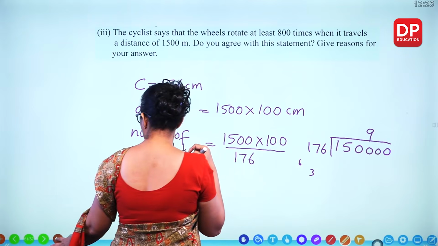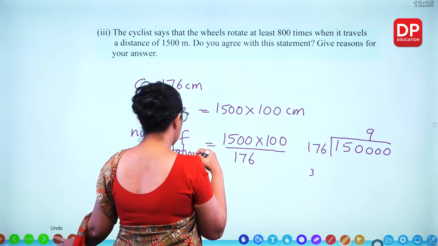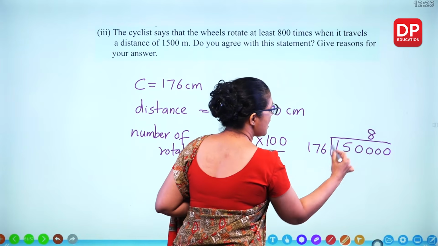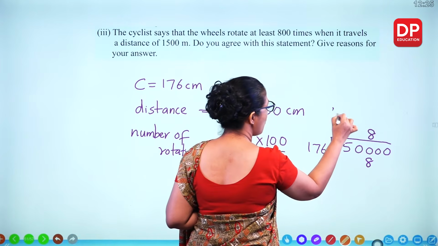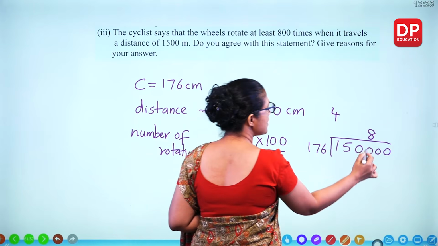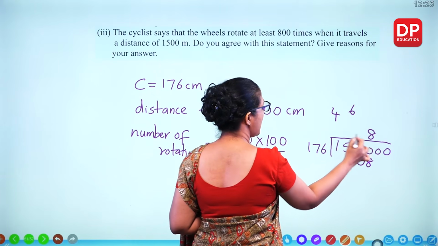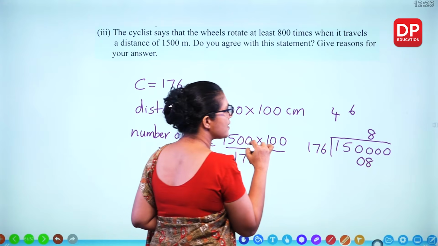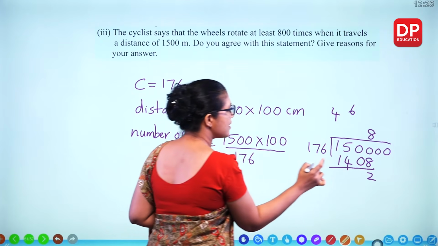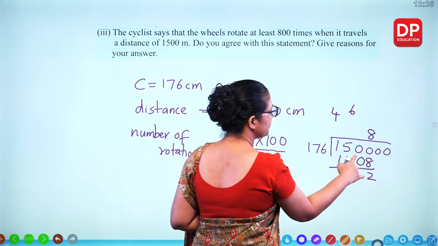That should be 8. So we'll take 8 here. 8 times 6, 48. 4 remaining. 8 times 7, 56 plus 4, 60. 6 remaining. 8 times 1, 8. 8 plus 6, 14. When you subtract, you get 2, 9.